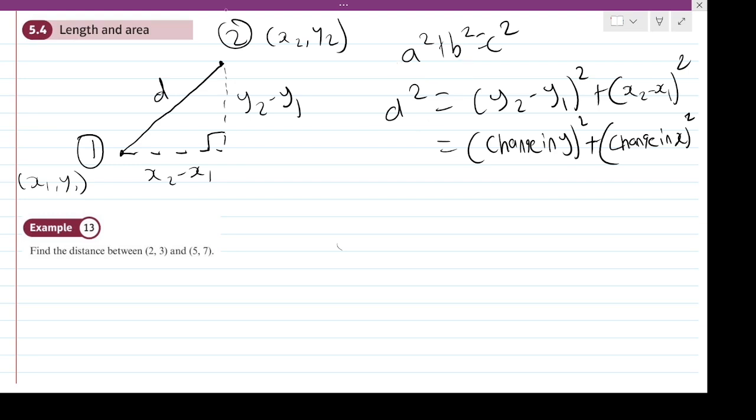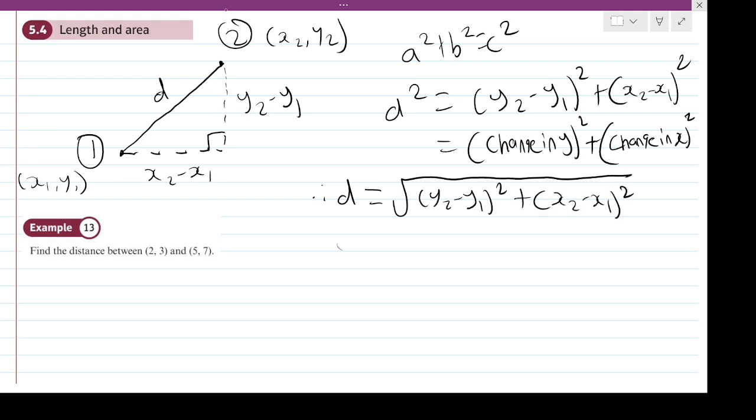And therefore, I want d on its own, so I can just square root both sides. So then I get d equals the root of y2 minus y1 all squared, which is the change in y, plus the change in x, so x2 minus x1 all squared.